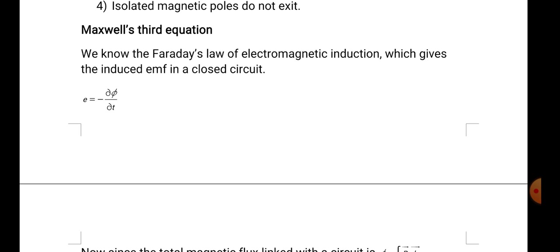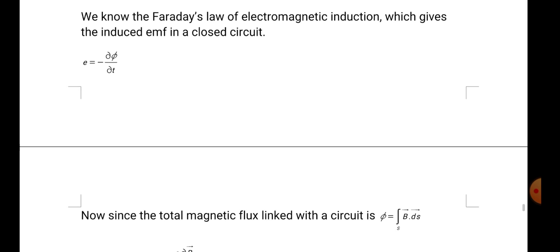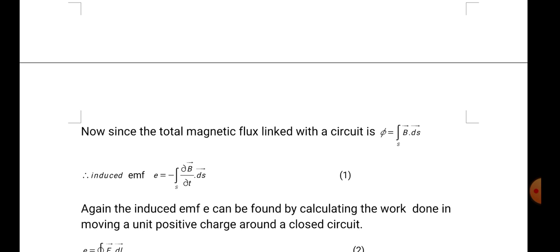The total magnetic flux linked with the circuit is denoted by phi, where phi is equal to the surface integration of magnetic flux density B dot ds bar.